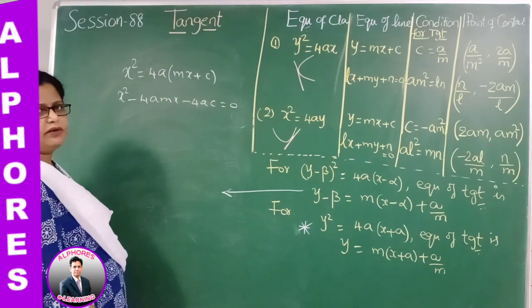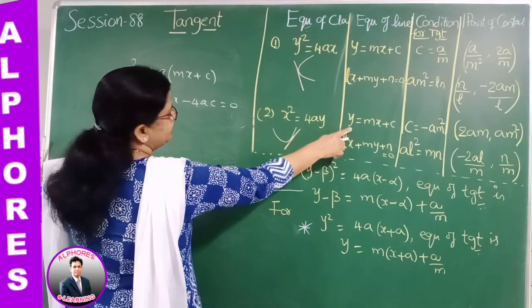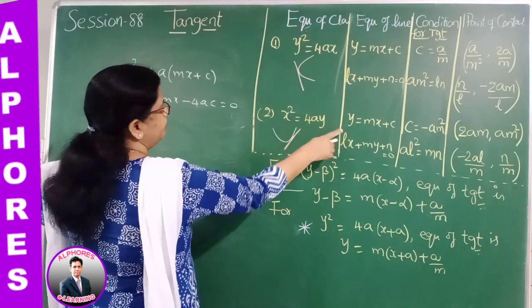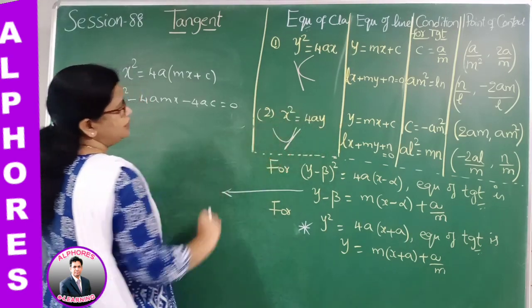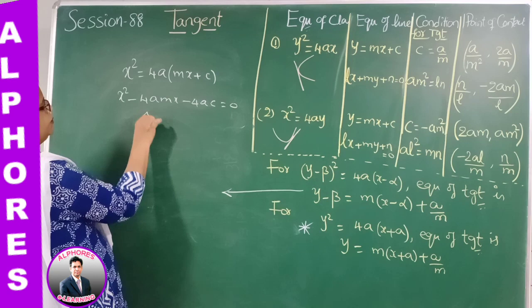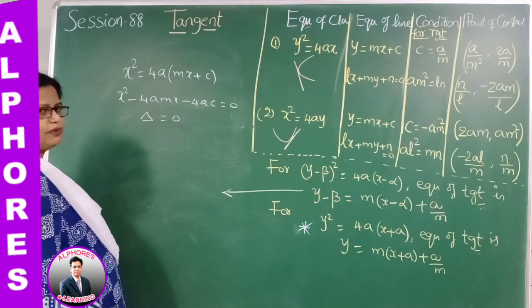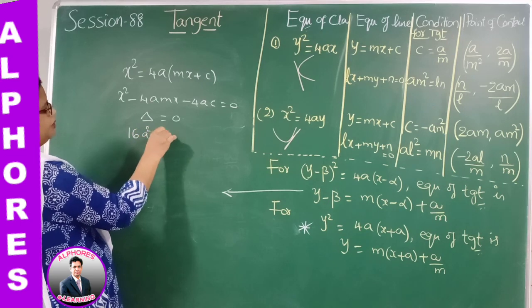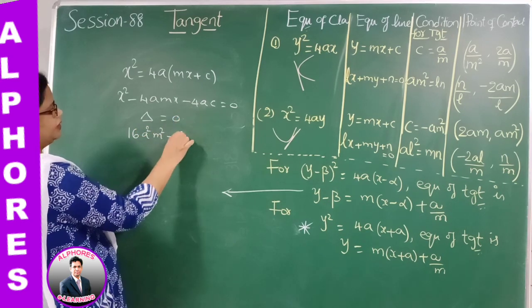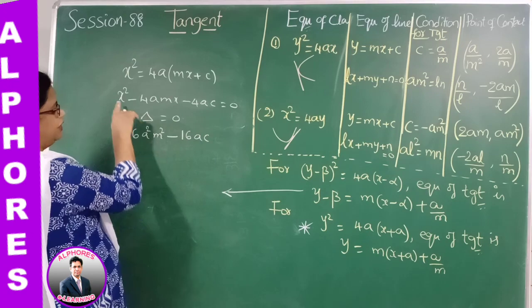So you got a quadratic equation, whatever the position of the line we have taken. If this is exactly the tangent line, then the discriminant has to be 0. So what is the discriminant? B² − 4ac, that is 16a²m² minus 4 into 1 into (−4ac), that implies plus 16ac.